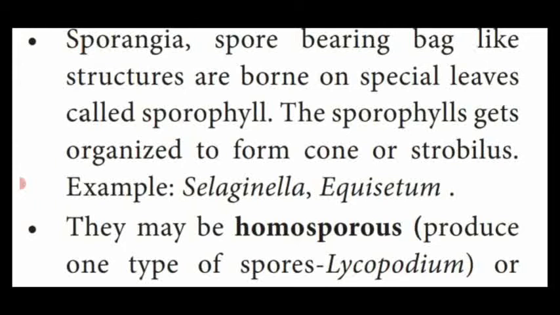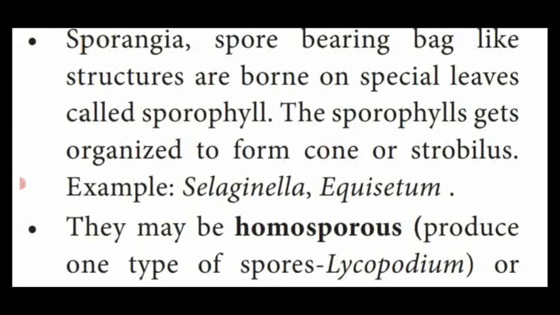So many sporophylls are produced on the branches. These sporophylls are collectively known as strobilus. All the sporophylls get organized together to form a cone-like structure. The shape looks like the bud of a rose, that means it looks like a cone, isn't it?